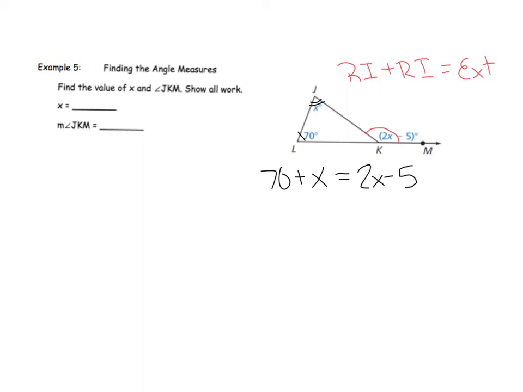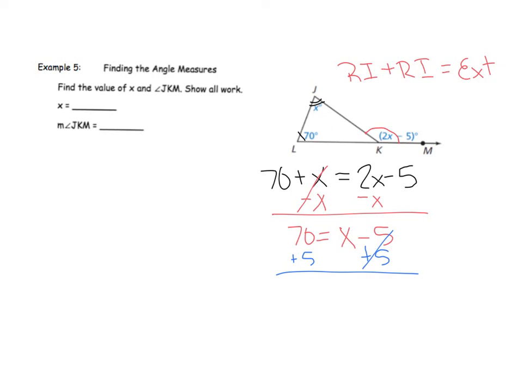All right, we've got x's on both sides, so I'm going to subtract x. We end up with 70 equals x minus 5. Then to get x by itself, I'm going to add 5 to both sides. And we end up with 75 being equal to x. So our x value is 75.